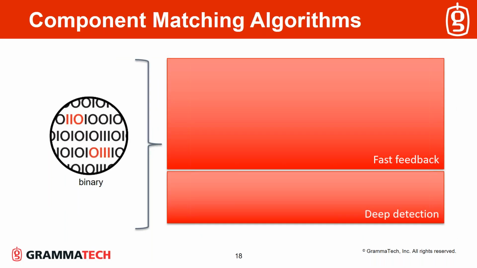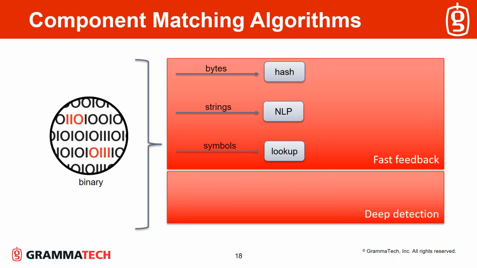So there are actually 2 modes you can run CodeSentry in, either a fast mode with checking bytes and hash tables and hash signs and strings and symbols and so on in the binary and identify that with open source components mainly.